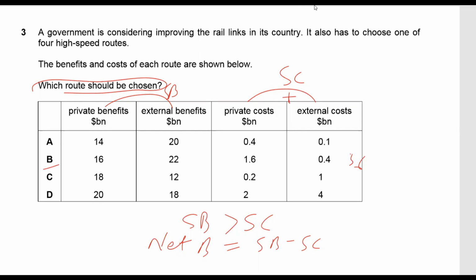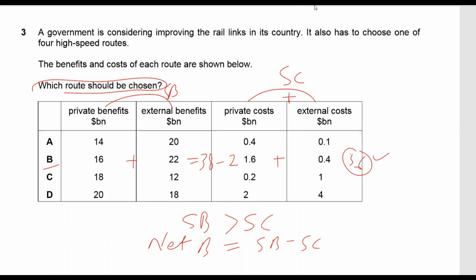social benefits of this project are more than all other projects given in this question. Social benefit equals 16 plus 28, which is 38 overall, and social costs are 1.6 plus 0.2, which equals 2. If we deduct 2 from 38, we get $36 billion.